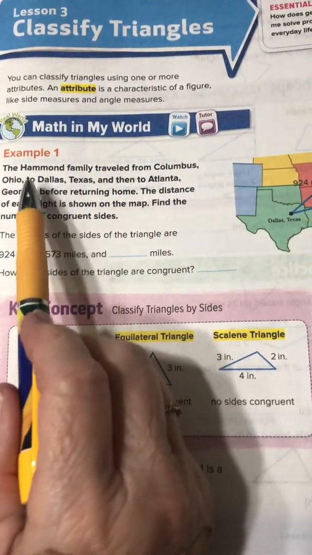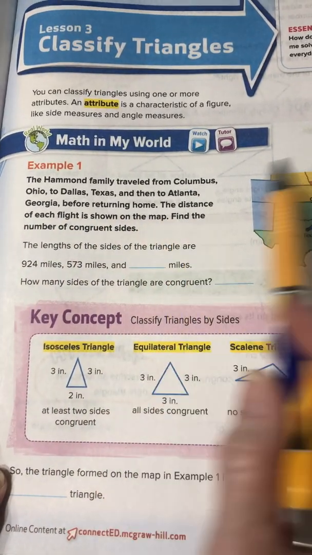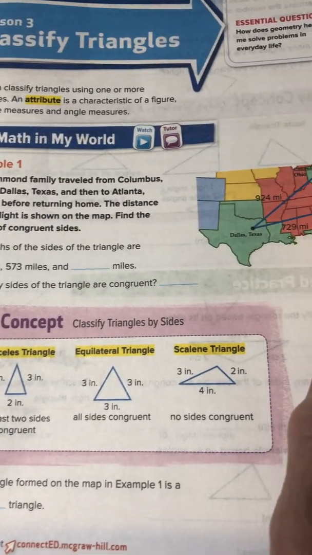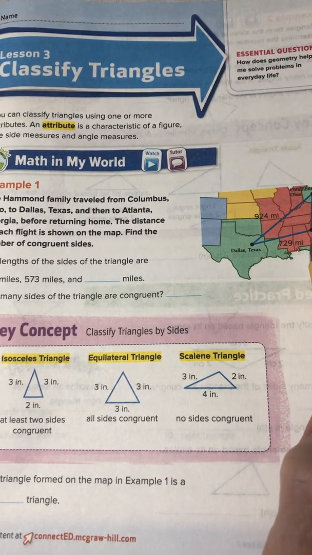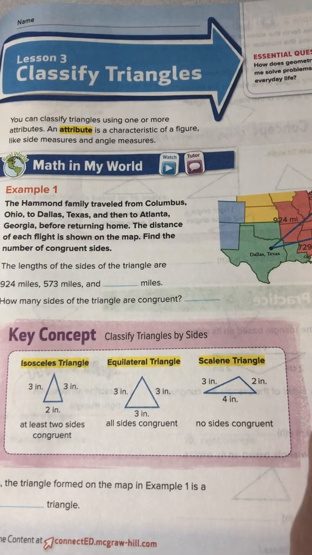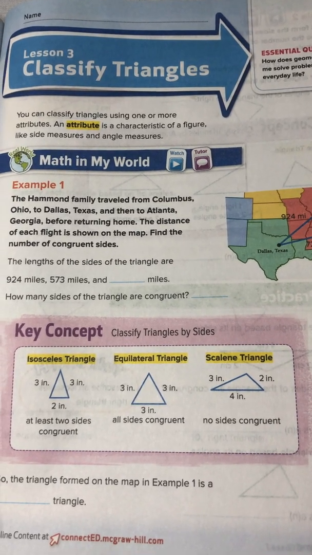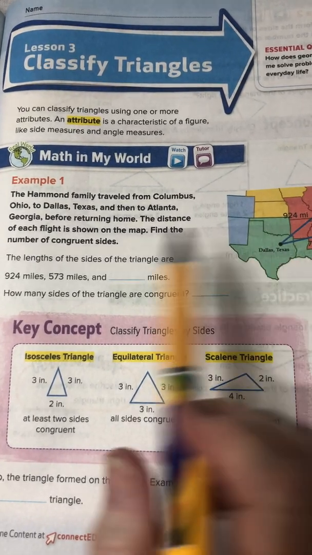Look at example 1. The Hammond family traveled from Columbus, Ohio, to Dallas, Texas, and then to Atlanta, Georgia, before returning home. The distance of each flight is shown on the map. Find the number of congruent sides.